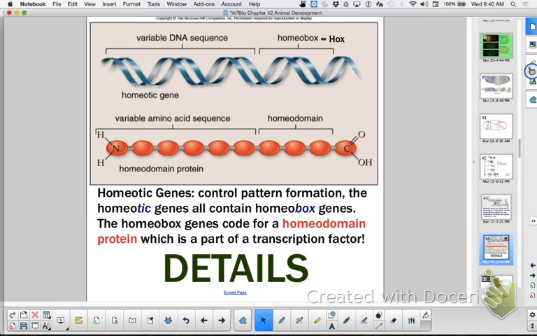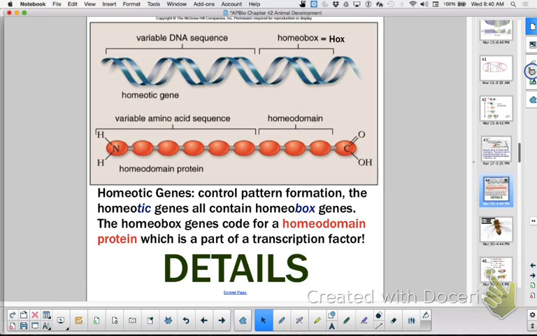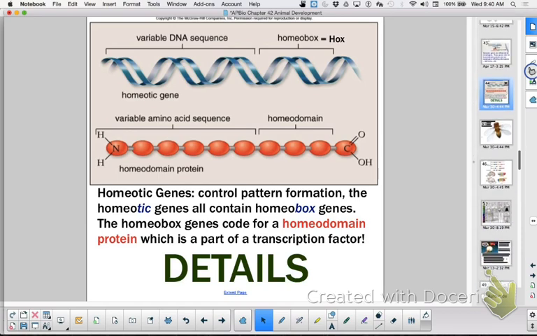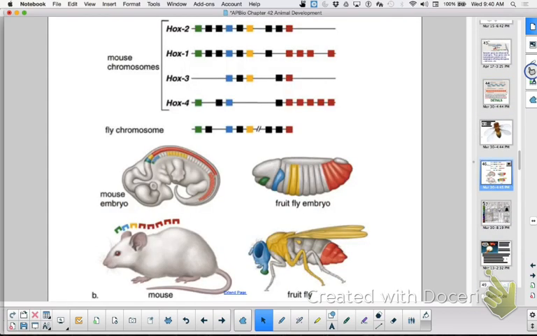But I do want you to know homeotic genes, often called selector genes because they select for segmental identity, dictating body parts. Okay? And they are highly conserved.